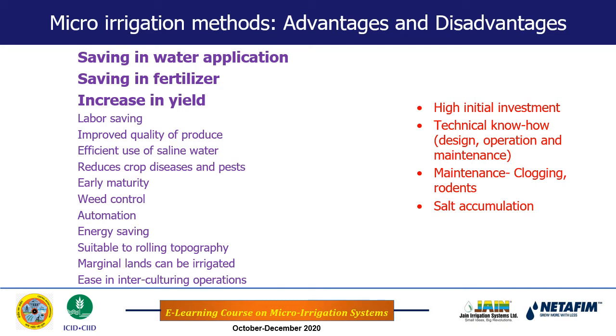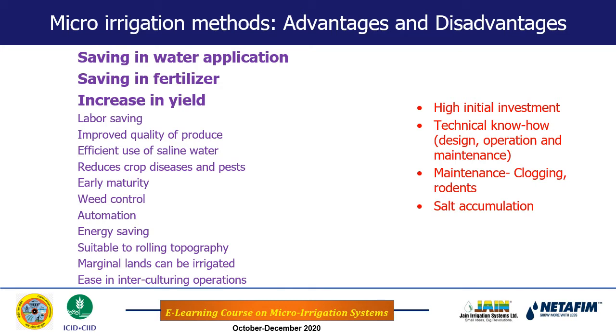But in the case of the drip irrigation method, as we just saw in the previous slide, we can apply water perfectly into the root zone, and fertilizer we apply along with the water. And as water can be applied perfectly into the root zone, fertilizer is also applied perfectly into the root zone, and therefore along with water saving, there is fertilizer saving as well.